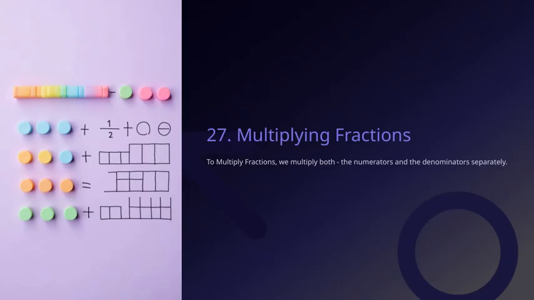This method works because multiplying fractions essentially combines parts and wholes, so handling the numerators and denominators separately makes the calculation much easier. Remember, this step is fundamental in simplifying more complex fraction problems, and it ties into the overall theme of understanding how parts of a whole interact mathematically. So, keep this process in mind. It's a key tool in your math toolkit for working with fractions.